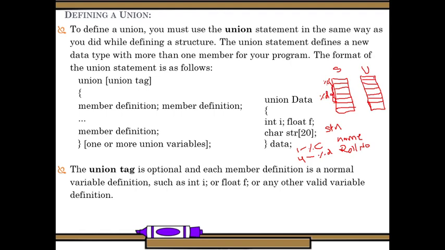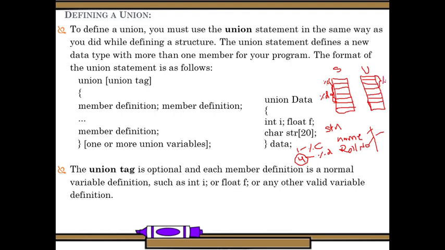But in a union, it considers the biggest member size. Among the list of members, whichever member has the highest size, it selects that and allocates only that much.